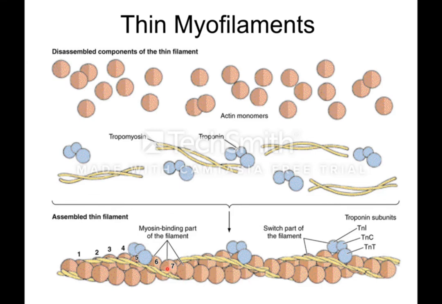Also, each of these monomeric structures has a myosin binding part that the myosin binds to in the contraction procedure. And troponin has three subunits: troponin I that binds to actin, troponin C that binds to calcium, and troponin T that binds to tropomyosin.